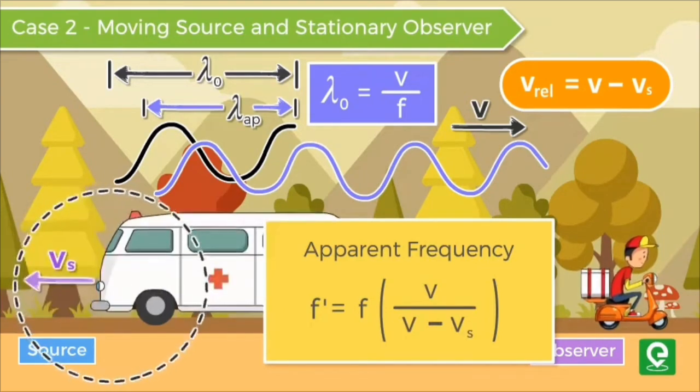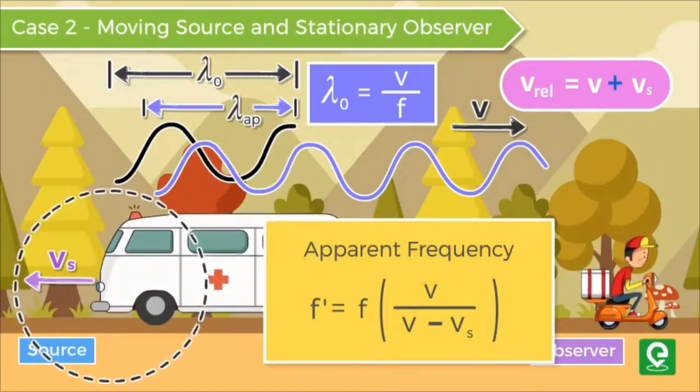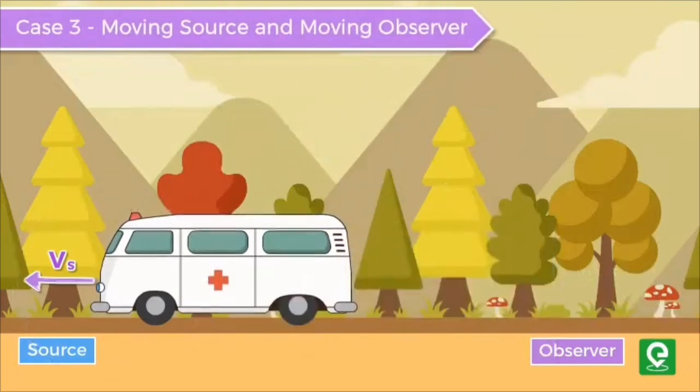Similarly, if the source is receding away from the observer, the relative speed of sound is equal to v + vs, and the apparent frequency heard by the stationary observer, f', is equal to f × v/(v + vs).